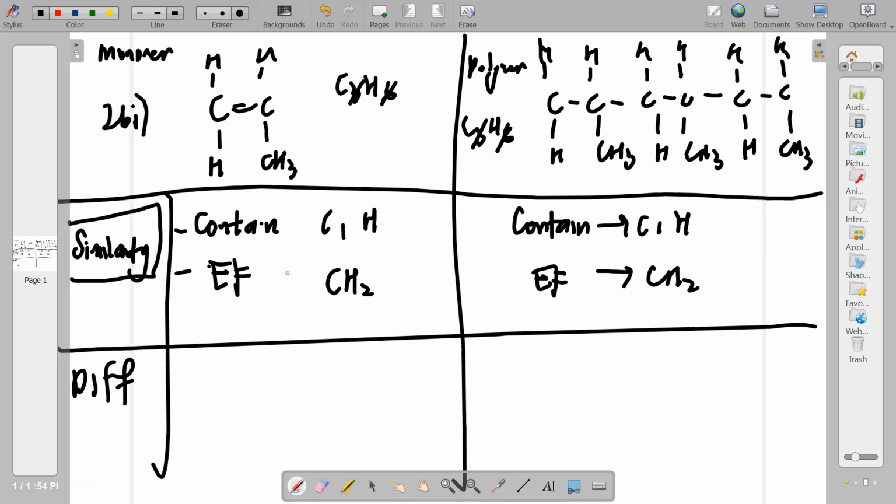Let's go to Nagi. Monomer has the double bond, sir. Okay, 0 marks. Not because your answer is wrong, but it's incomplete. So cannot give you any marks whatsoever.